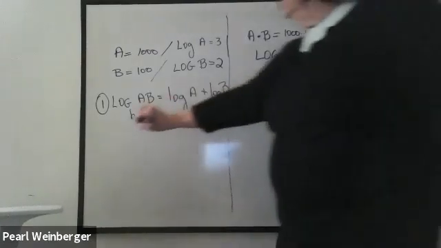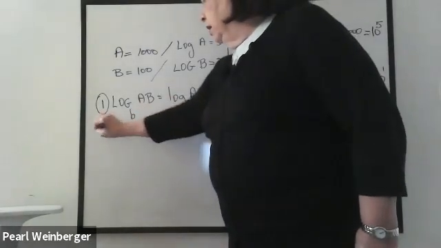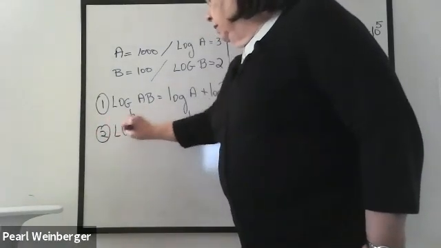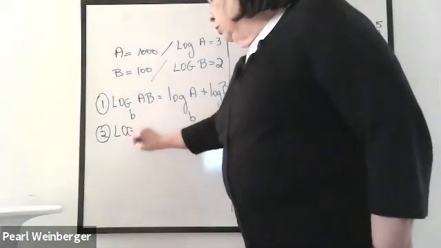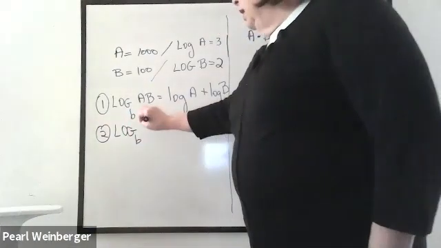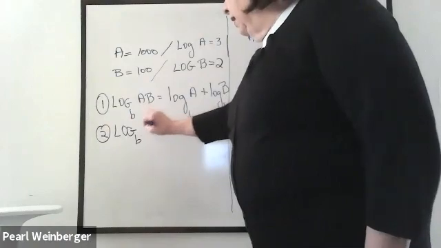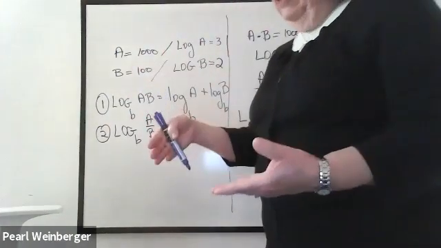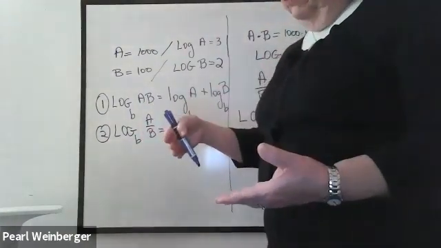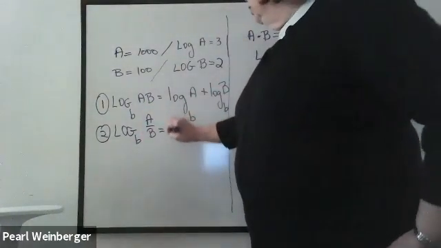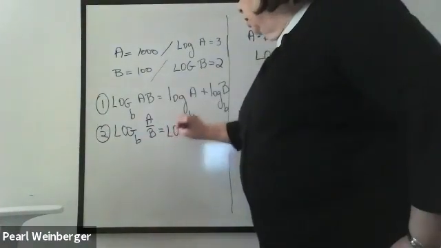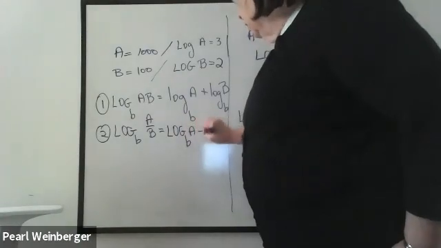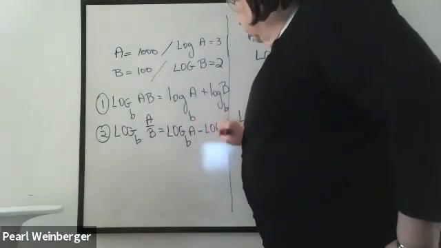So my second property, or rule for log arithmetic, is for when you divide. If you have log of a divided by b, you don't divide the logs. What you do is you subtract. It's the log of a minus the log of b.